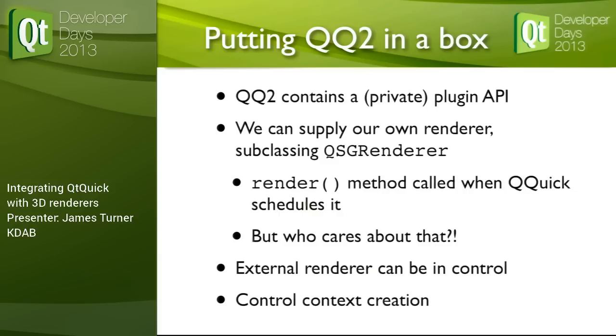At some point, the rendering loop for the whole QtQuick window says, OK, draw this entire QtQuick scene, and that happens from the QtQuick rendering thread according to its policies. But we can ignore it. We can put an external renderer in control. And this thing also gets to create the context, or return the QOpenGL context, that's going to be used to build all these nodes up.